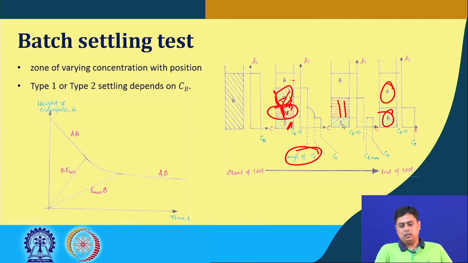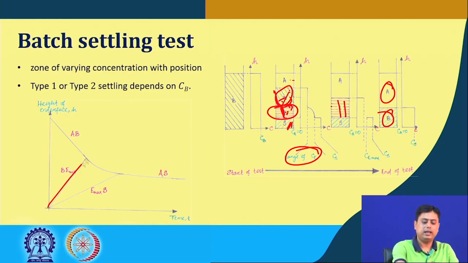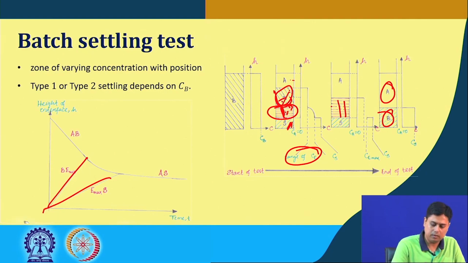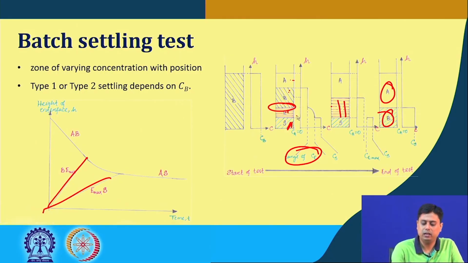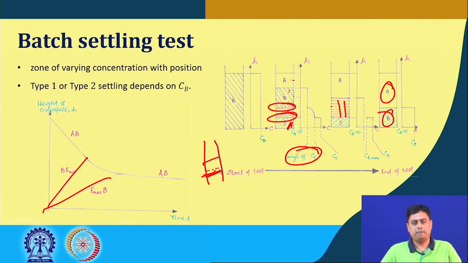In this case, you would see a similar kind of pattern in the graph of the interfaces, but there is this BE, meaning the interface between B and E, at its maximum just at the end of the E section and at the beginning of S. This would typically happen if this rise is much faster, that means this interface height rises much faster than the decreasing height of AB.